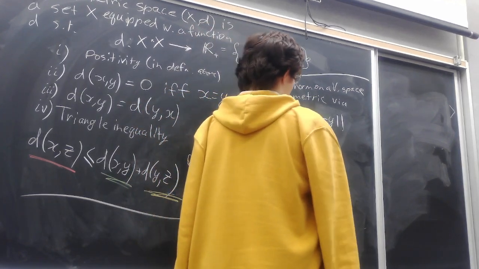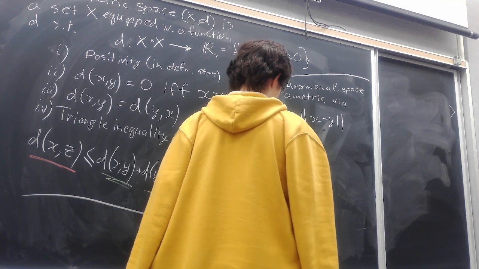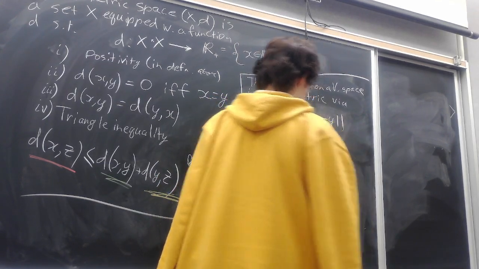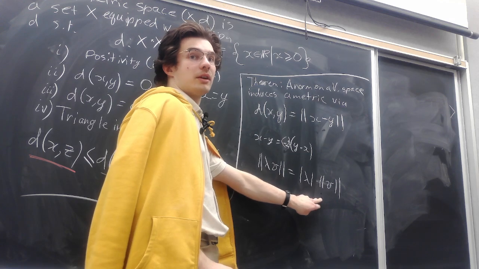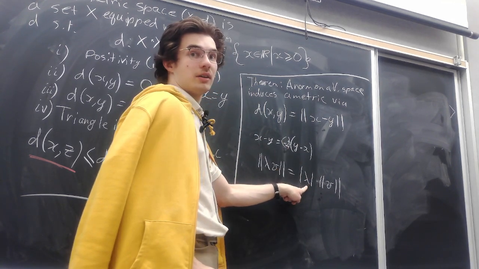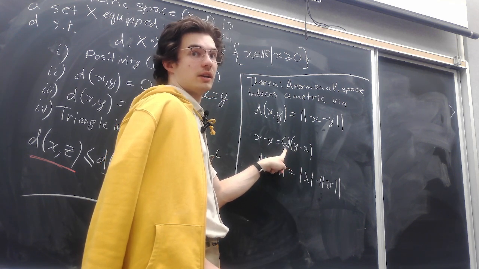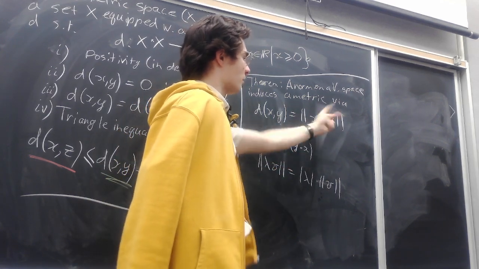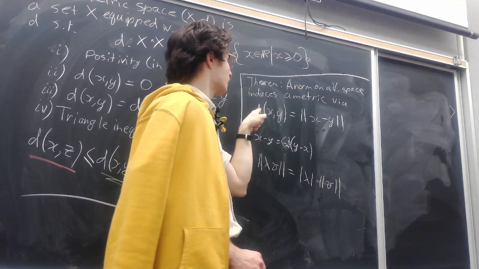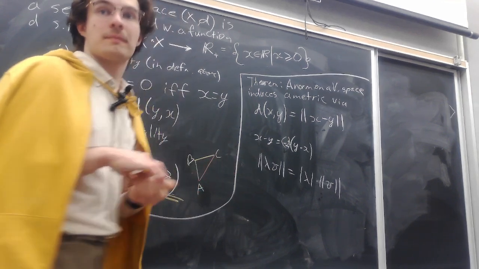Now the norm has the property that the norm of lambda v is equal to the absolute value of lambda times the norm of v. This is one of the properties of the norm. Minus 1 is a lambda, and the absolute value of minus 1 is 1, right? So I can always swap the order of these and factor that out, and nothing changes. So I get d(x, y) is equal to d(y, x).